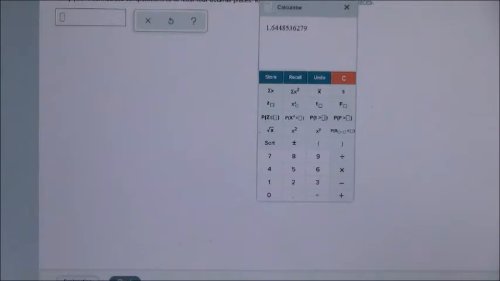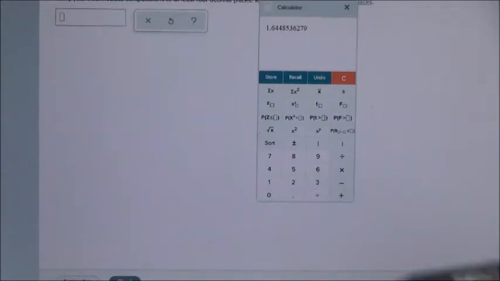I'm going to find the area to the left of z, so I'm going to find the area that is in the white part. And so what I'm going to do is take my 50%, my 0.5, and subtract my 0.4175. What I get is 0.0825. So what I'm going to find is the area to the left of 0.0825.